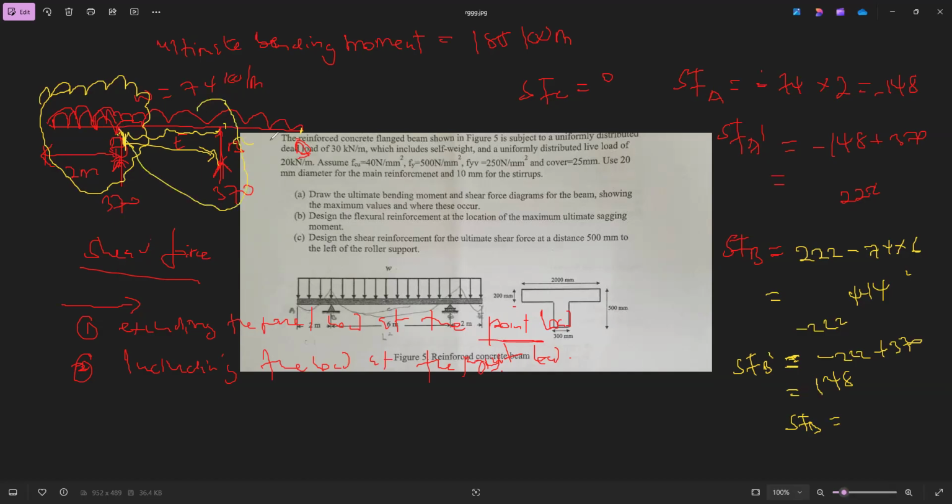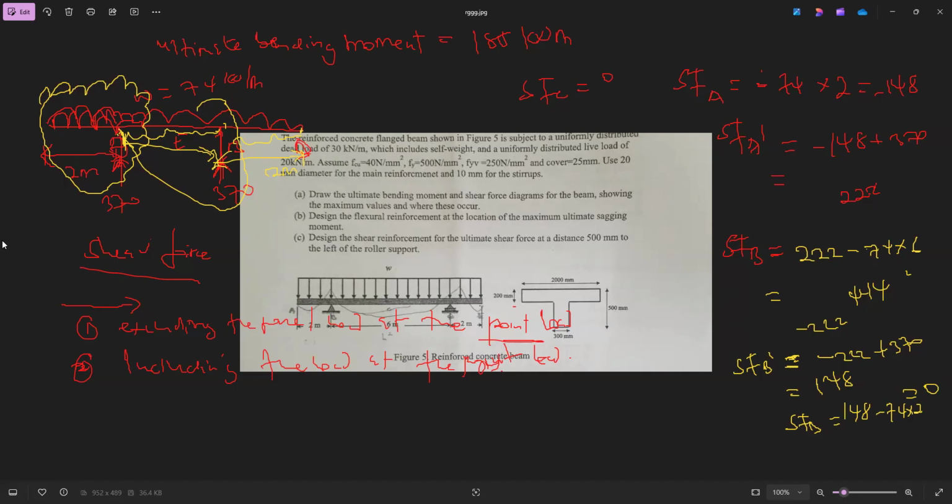It's left with this one. So it is 148 minus 74 times 2 meters. Do you get it? So it will go to 0.